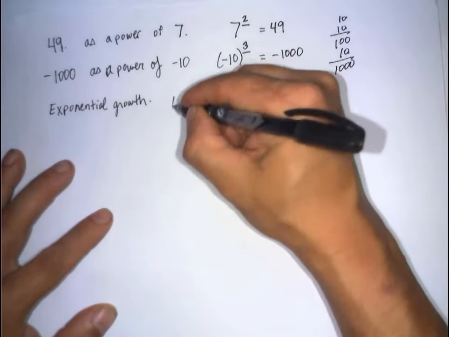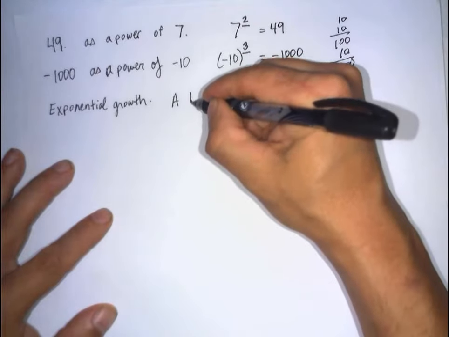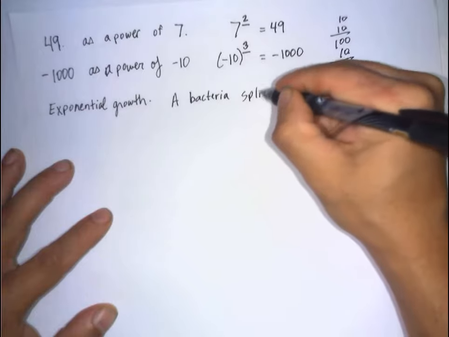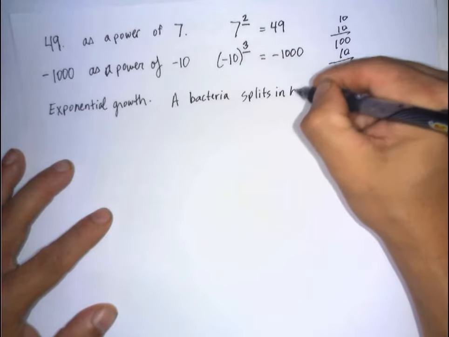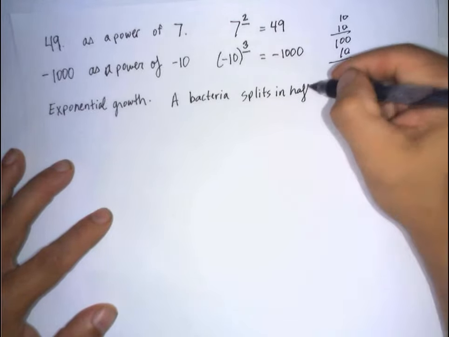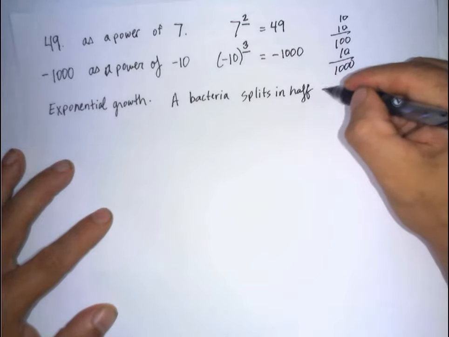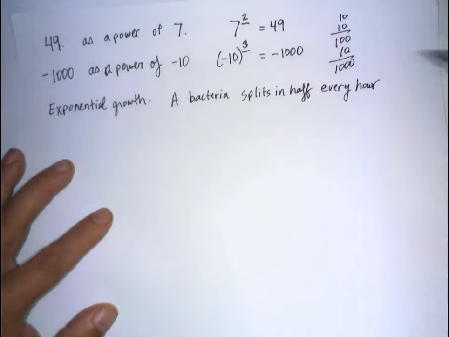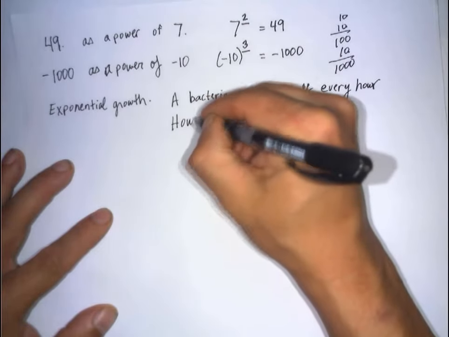A bacteria splits in half every hour. That means one bacteria becomes two bacteria every hour.